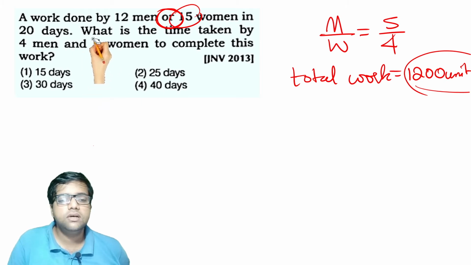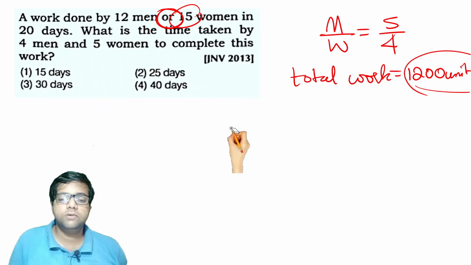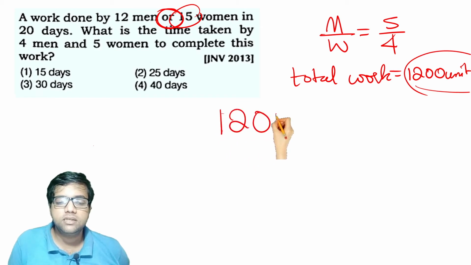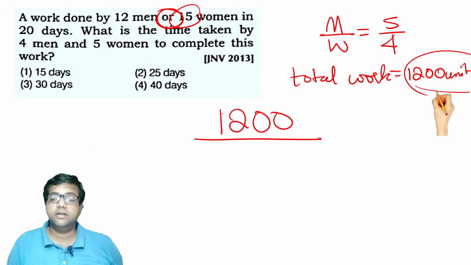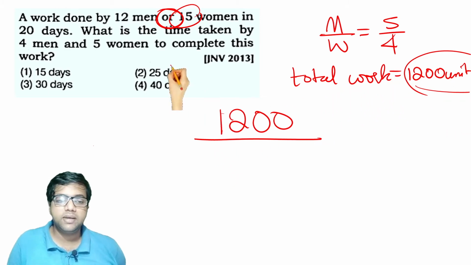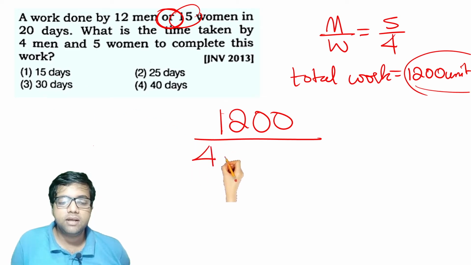Now what is the question? What is the time taken by 4 men and 5 women to complete this work? So divide the total units with the help of capacity. 4 men are working. What is the capacity of a man? 5.